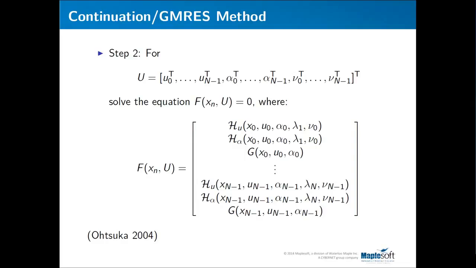And then we can write the remaining optimality conditions as a function capital F of the current state and capital U equals 0. Now we should solve for capital U using the equation F equals 0. The problem is that F is a nonlinear function, and this equation cannot be solved easily in general.